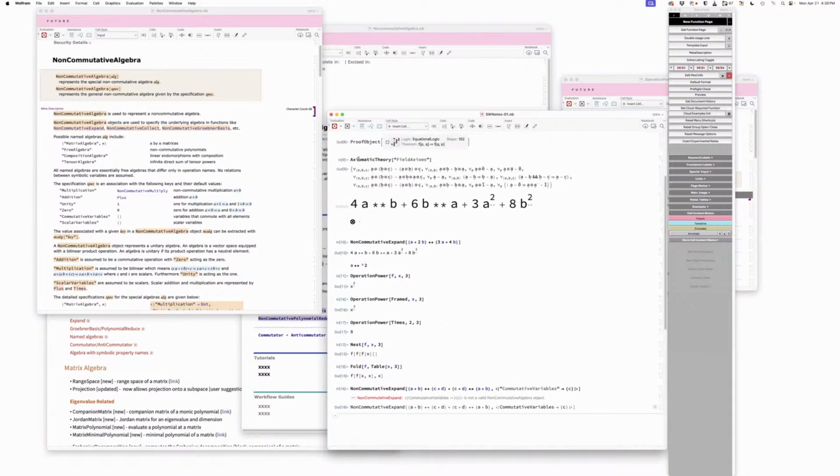So axiomatic theory right now is something whose default is to return just a set of axioms, which is presumably very similar to the second argument that you would give, or the relations that you would put into a non-commutative algebra specification, correct?